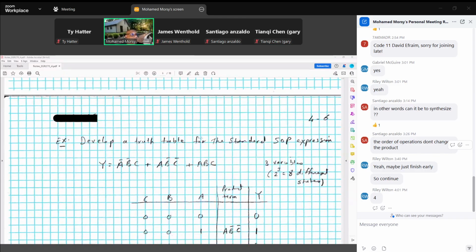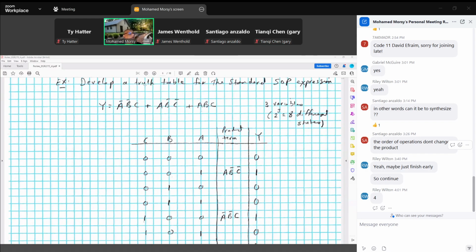So the same thing here. When we fill out the truth table, this is the first product term: A inverted, B inverted, C. This means the output in front of this product term is where we have A is 0, B is 0, C is 1.